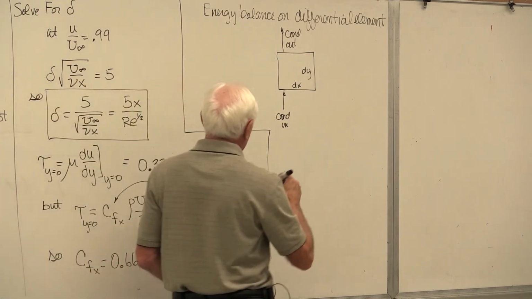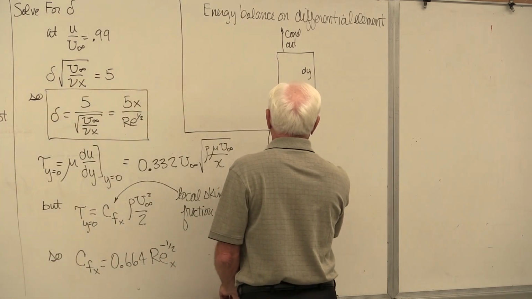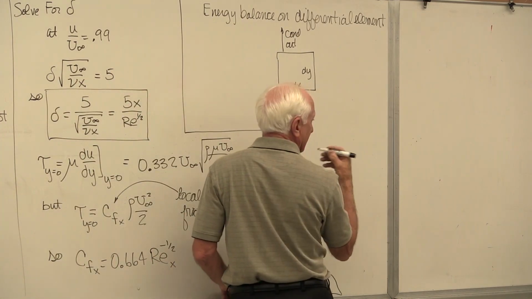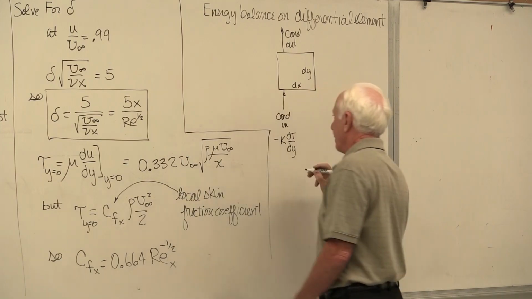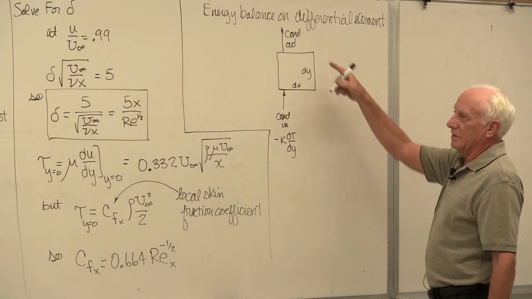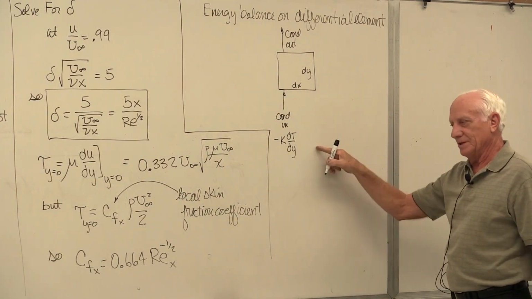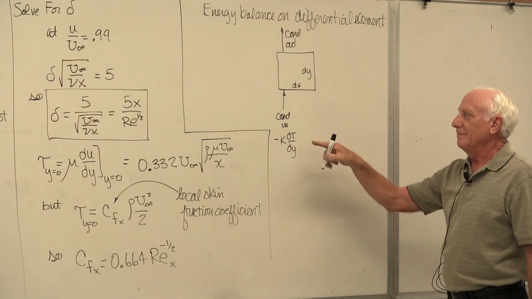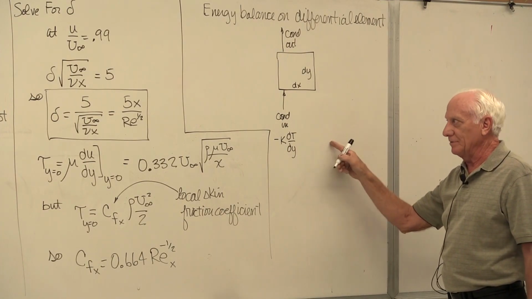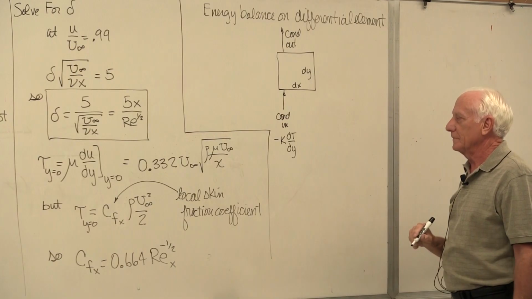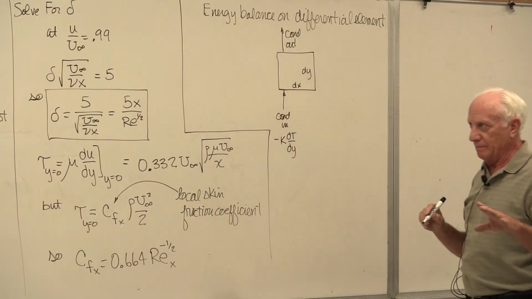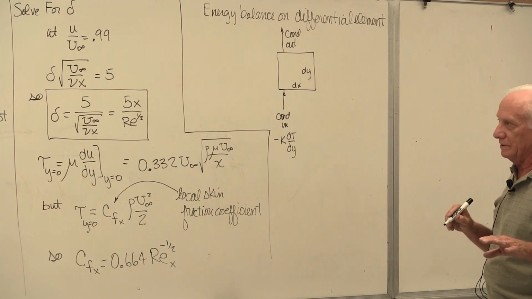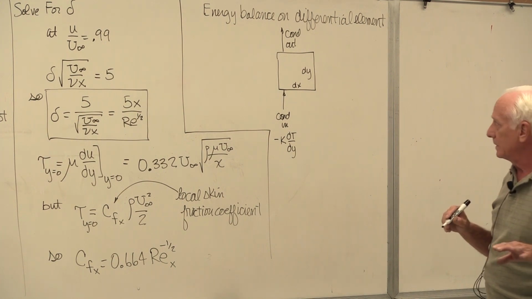So our conduction, on a heat flux basis, is minus K partial T with respect to y. Then we'll have conduction out, which is this plus the partial with respect to y, minus K dT/dy times delta times dy. We're not going to worry about conduction in the x direction because the temperature is not as strong a function of x as it is of y.